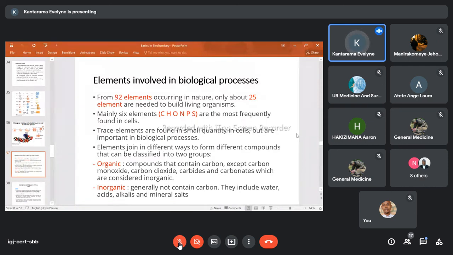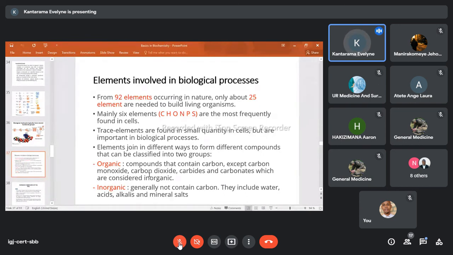And among those elements, some are organic, others are inorganic. We say that a compound is organic when it contains carbon, with the exception of carbon monoxide, carbon dioxide, and carbonate, which are considered inorganic.